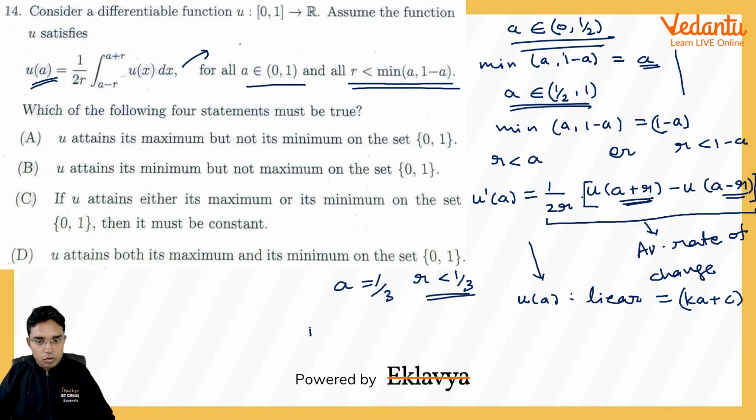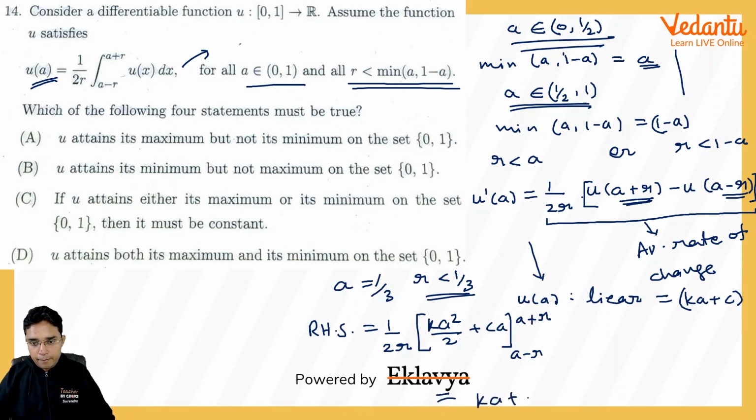If you solve the right hand side, this integration 1 upon 2r, and the integration of kx plus c will be kx square by 2 plus cx, and putting limits as a minus r to a plus r, it can be checked after doing the calculation that it comes out to be ka plus c. I think it should have been x, not a. x here and x here, and it will be the same thing. So every value of k and c will be satisfying it.